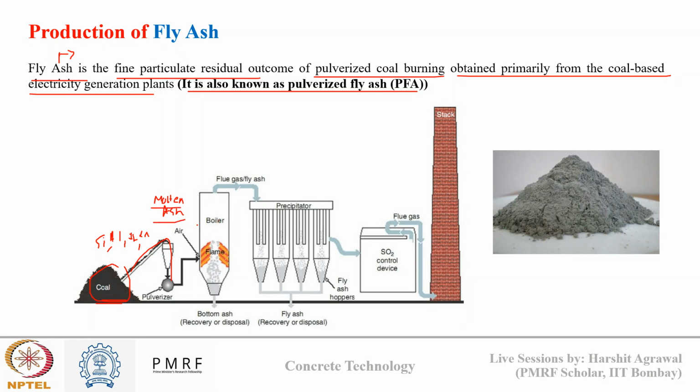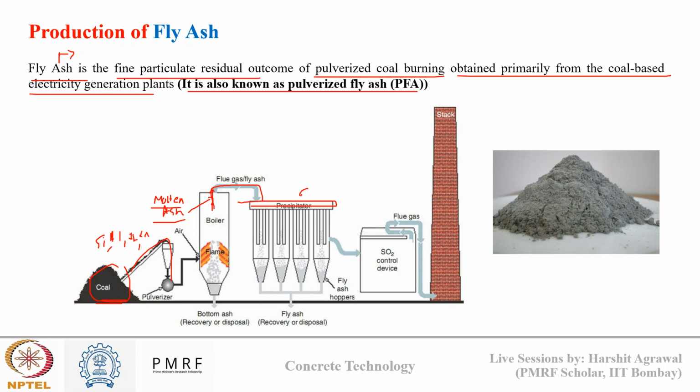This ash produced inside the burner is carried upward with hot flue gases, and as these gases move away from the high temperature zone, the ash also moves away and cools down. Once they cool down, they solidify into a fine glassy powder material which is known as fly ash. You can see the gases flow away and are brought to precipitators, and here they are cooled down and convert into powdery material known as fly ash.